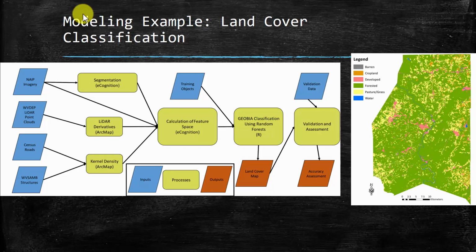So forest, water, grass, herbaceous, development, so on and so forth. Here's an example of a product that was produced using the random forest machine learning algorithm, in which we created a high-resolution land cover data set for Preston County in West Virginia. So this process incorporated geographic object-based image analysis, LiDAR data, ancillary data, and machine learning to try to make a land cover prediction. So that's one common application.